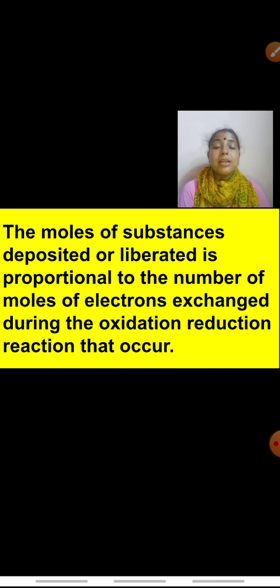The moles of substance deposited or liberated at any electrode in an electrolytic cell is proportional to the number of moles of electrons exchanged during the oxidation reduction reaction that occurs. That means in the first law we talked in terms of weight of substance and quantity of charge. Now we are talking in terms of moles of substance, and instead of quantity of charge, in terms of moles of electrons.